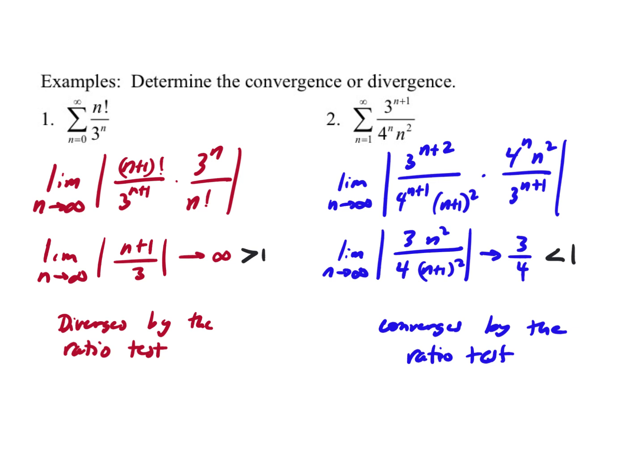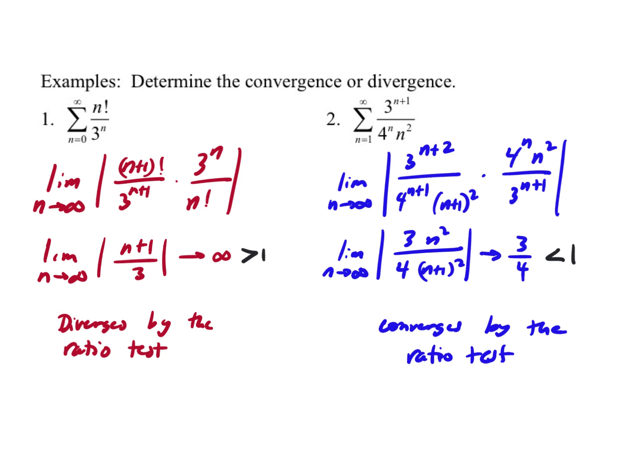Now, in this particular problem, it actually didn't even ask us which test to use. So you could have tried a different test. But one of the things I'm charged with is trying to get you to zero in on when to use what test.